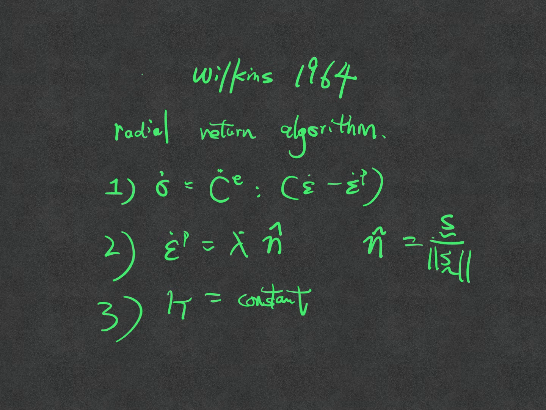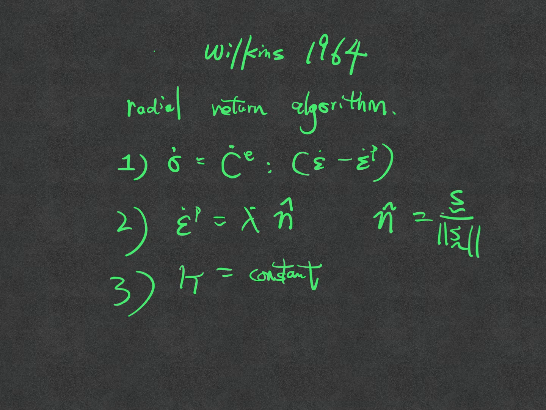Now I need to start to introduce the increment. For a given time step, let's say I want to march from tn to tn plus 1. Let's consider two instants, and the information at tn is given.